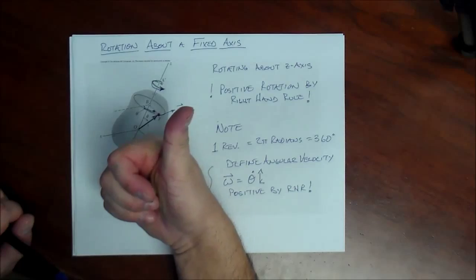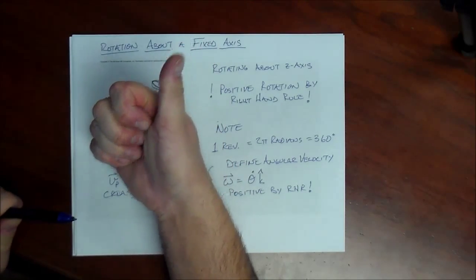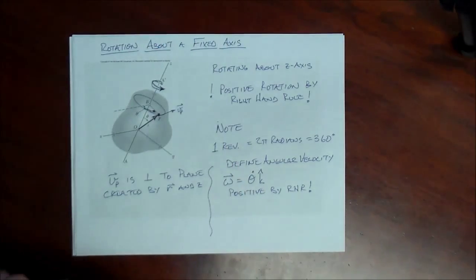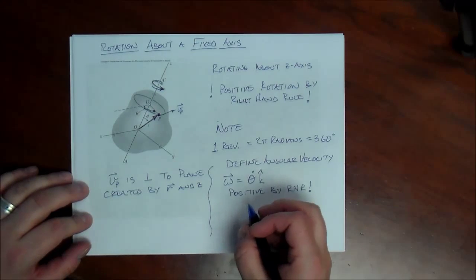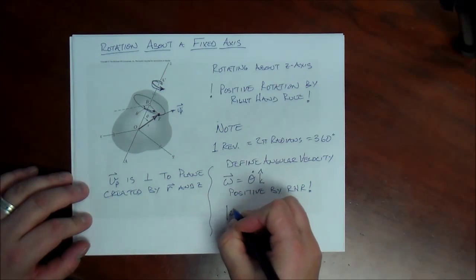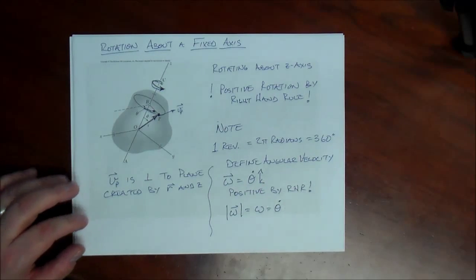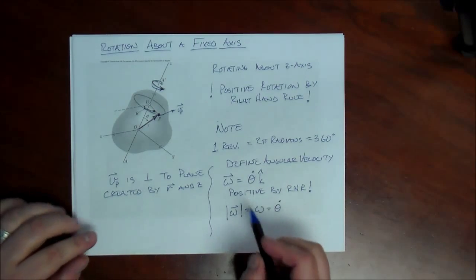So if you know the direction of rotation, you can find the positive direction of your angular velocity, or if you know the angular velocity direction, you can find the direction of rotation by the right-hand rule. Now, another way to write this is the magnitude of omega is just equal to omega, which is theta dot.